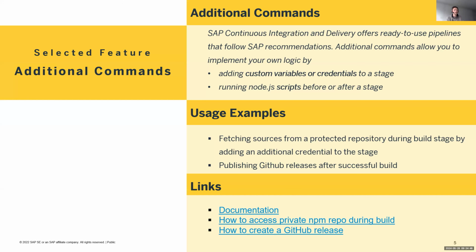I would always be interested in what kind of custom functionality you are missing in the service that you have created using additional commands. I would always be interested in feedback, and we hope that this gives you the ability to also use the CI/CD service not only in very standard scenarios, but also in your custom environment.